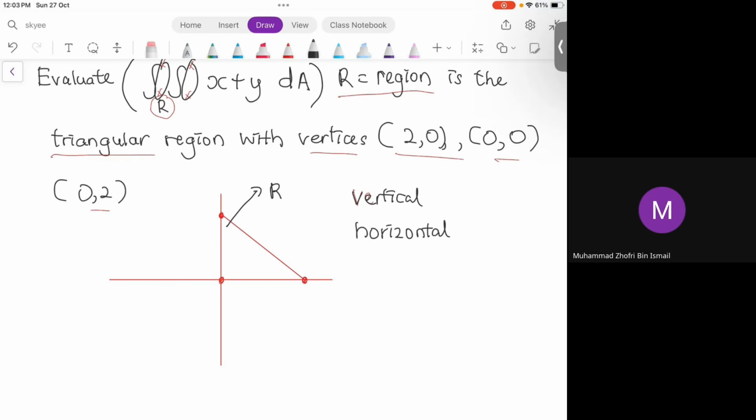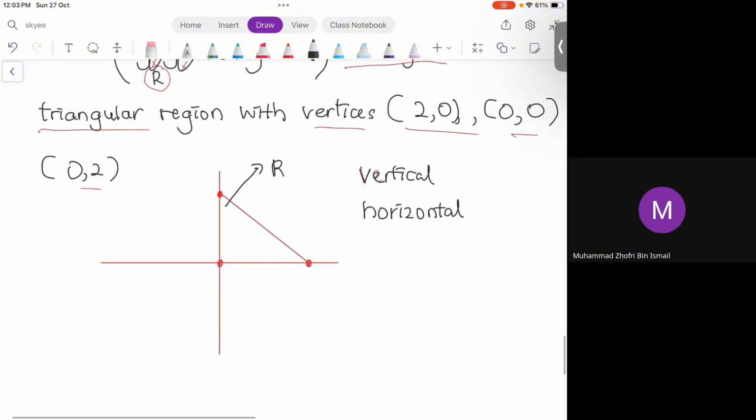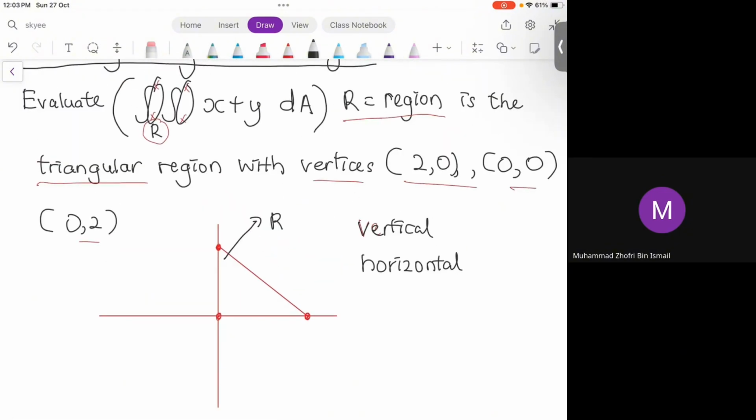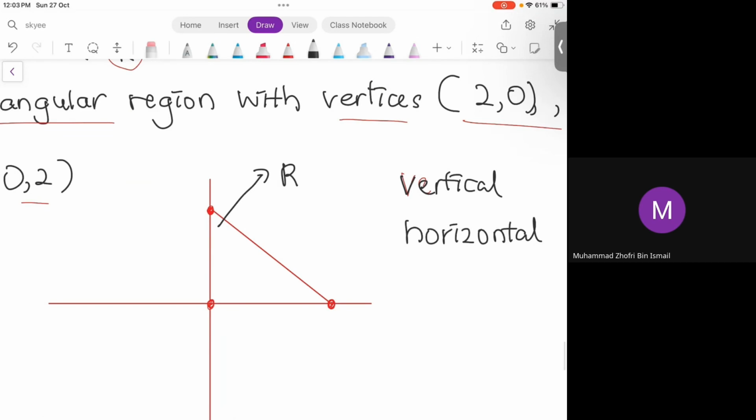Now for the vertical strip technique, you have to draw a vertical strip in the region. This is a vertical strip. If you move your vertical strip to the left-hand side, the maximum you will go is over here. You will stop because this is covered in the region.